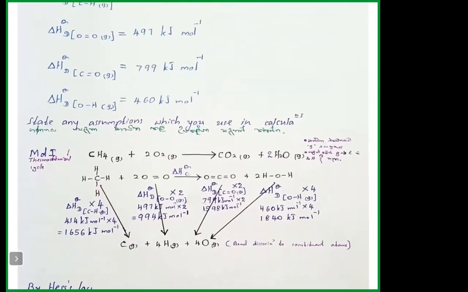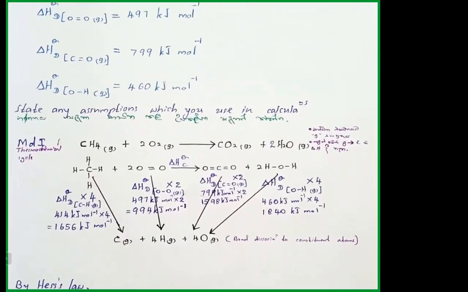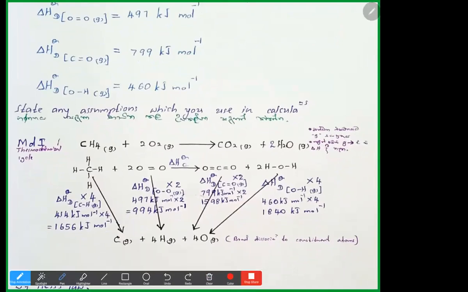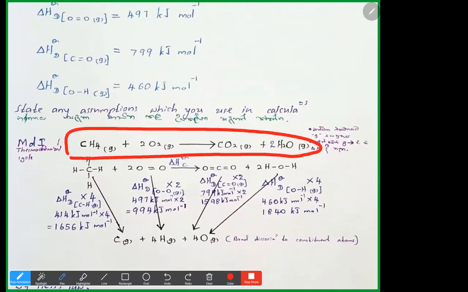If you want, you can go with that. So usually we go with thermochemical cycle or energy level diagram. And what is the first step? First step is to write the equation for the given question. Okay, question is CH4 plus oxygen gives CO2 and H2O.